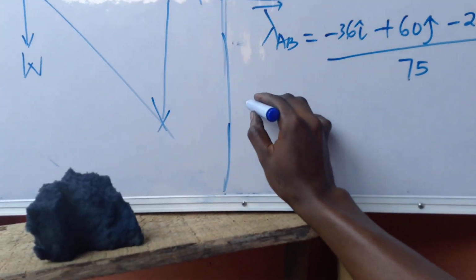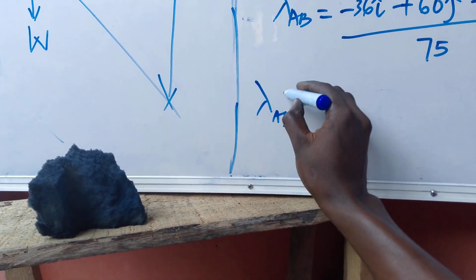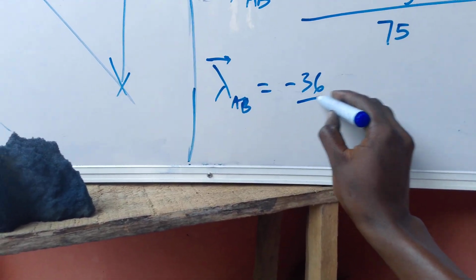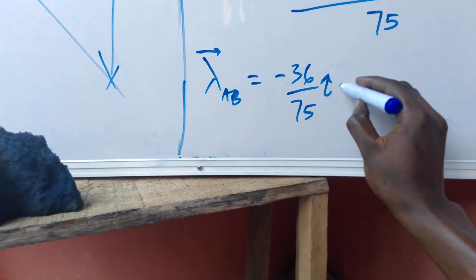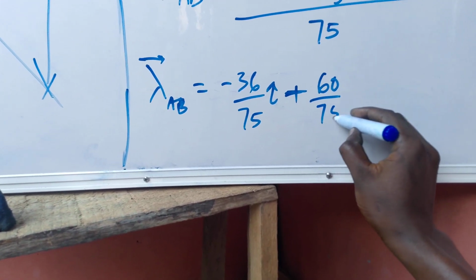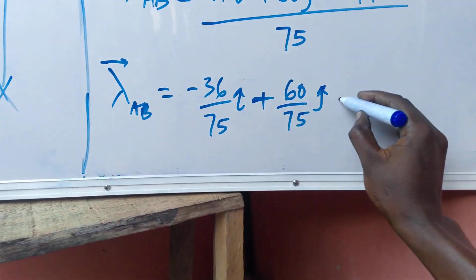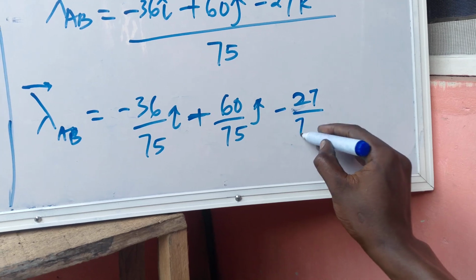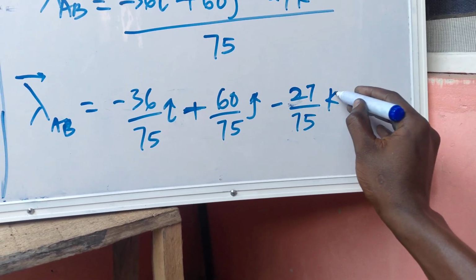If I split it now, I have lambda AB equals minus 36 divided by 75 I plus 60 divided by 75 J minus 27 divided by 75 K.